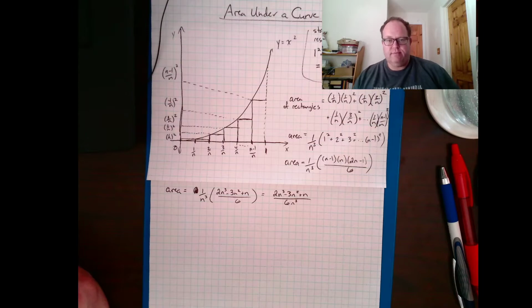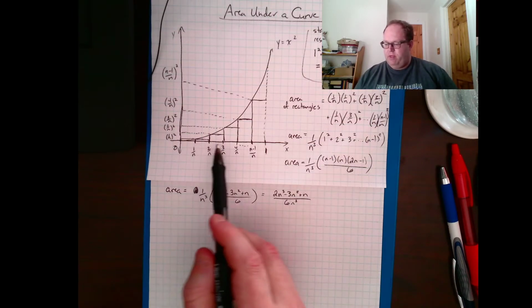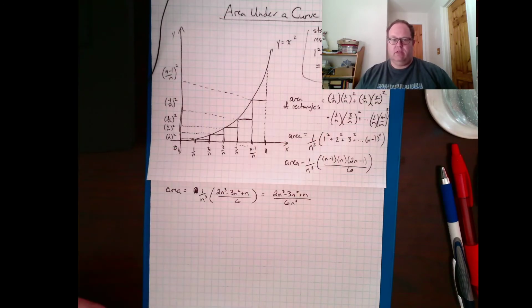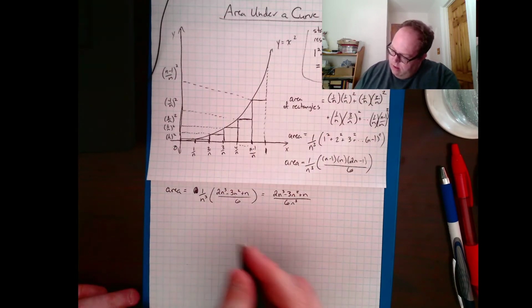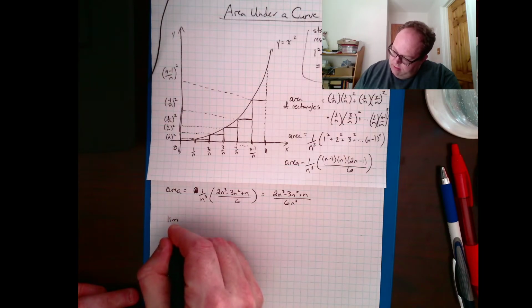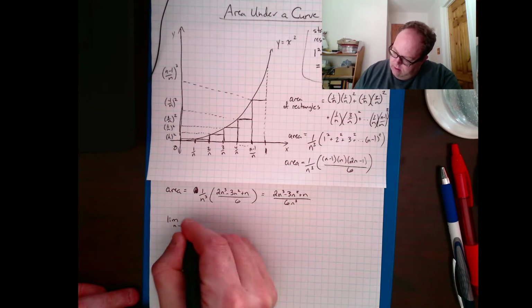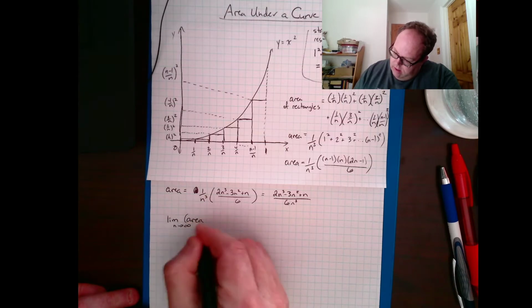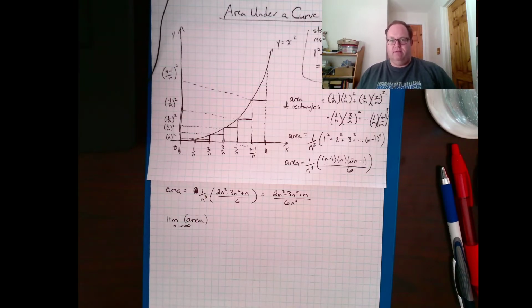Now, I will take this one step further, because at this point all I've done is work out the area of a bunch of rectangles shoved under this line. Now what does this represent? The limit as n goes to infinity for that area. If n represents my number of rectangles, if I cram an infinite number of rectangles under this shape, what have I done?